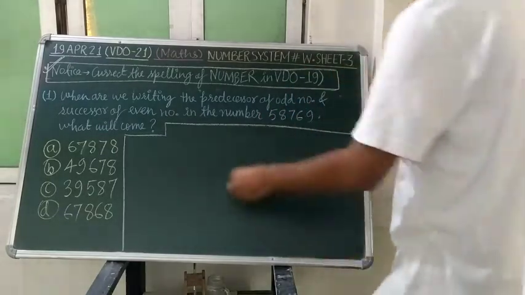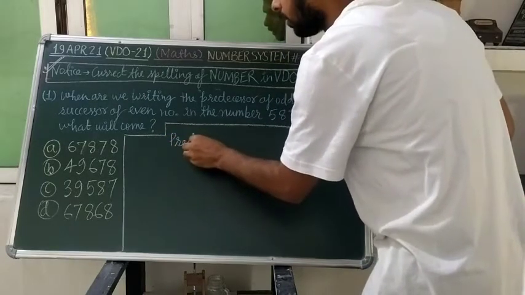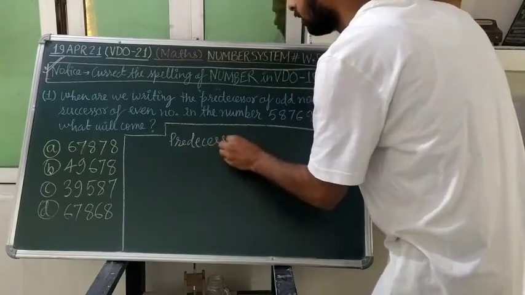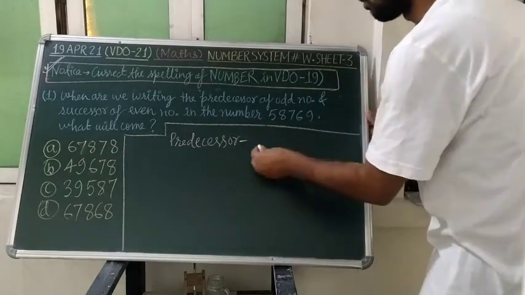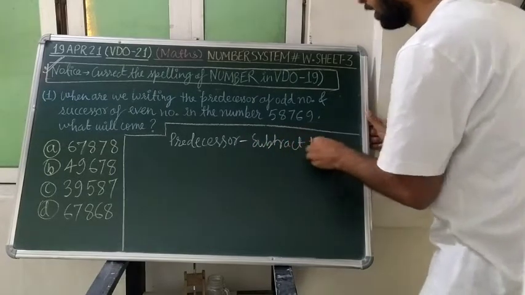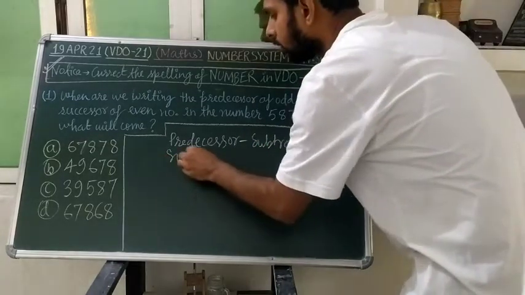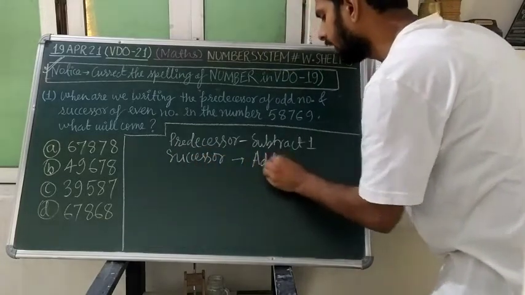I have told you that for the predecessor of any number we subtract 1, and for the successor we add 1, isn't it?